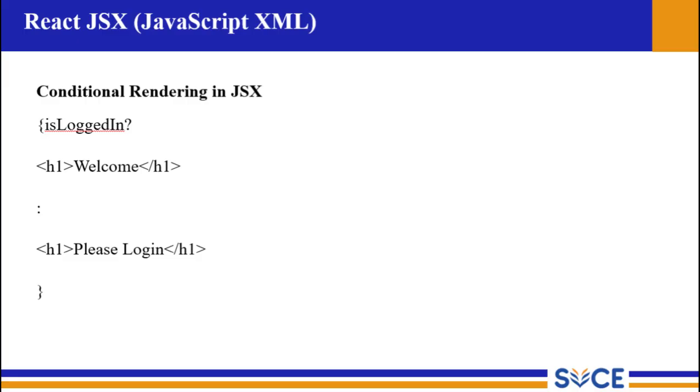Otherwise, it asks the user to log in. This is commonly achieved using the ternary operator. Conditional rendering allows developers to create personalized user interfaces that respond dynamically to user actions.